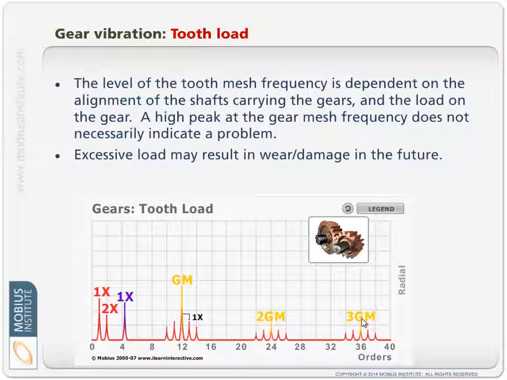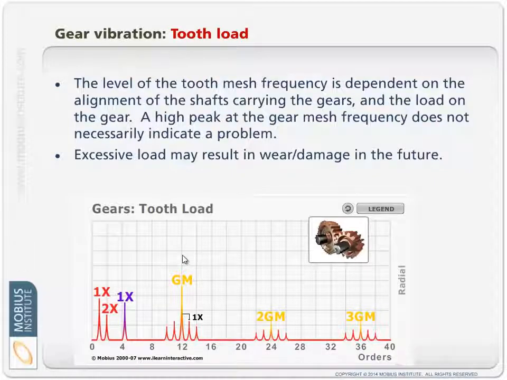Tooth load is a different situation, where the forces in the mesh itself are higher. So you can look at the possible reasons for that to occur, but we're just driving that gearbox harder. The force as each tooth comes into mesh is higher, and therefore we expect the gear mesh peak to go up.